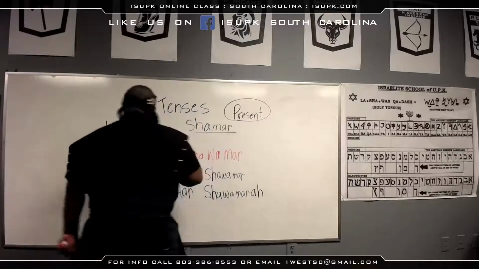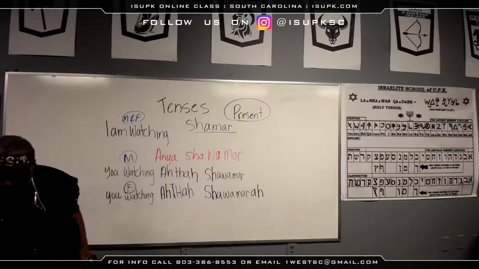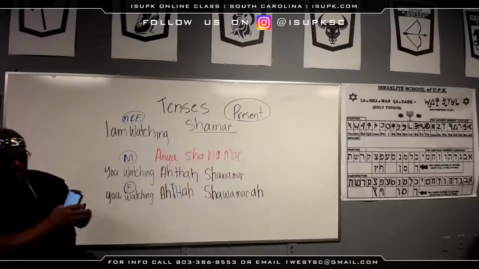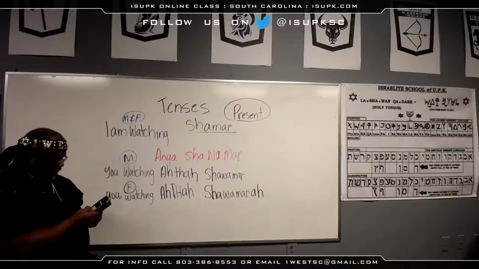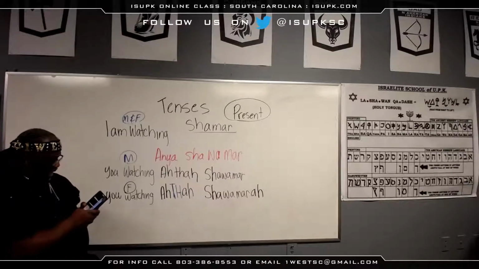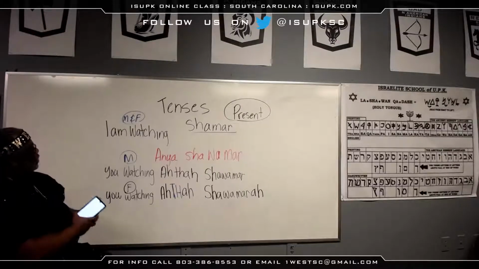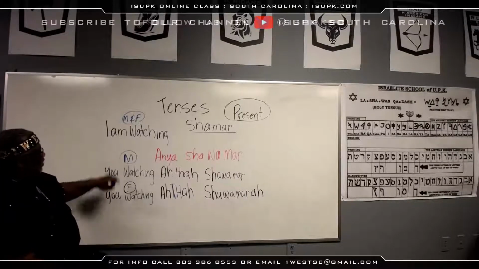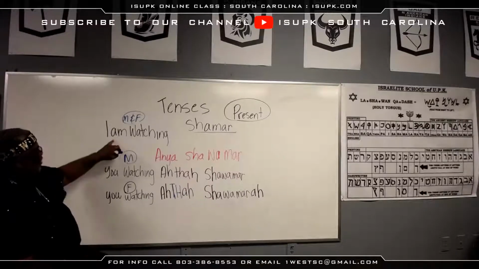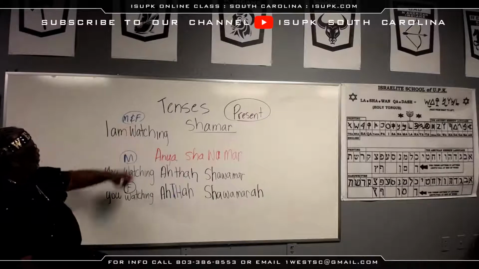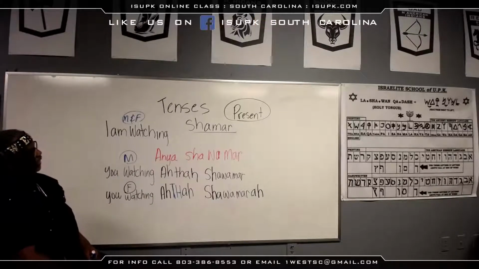Because we have past tense, future tense, and present tense. That's important. Okay? It's I am watching, in the masculine and the feminine. When you say I am watching, it's just anya shawamar.